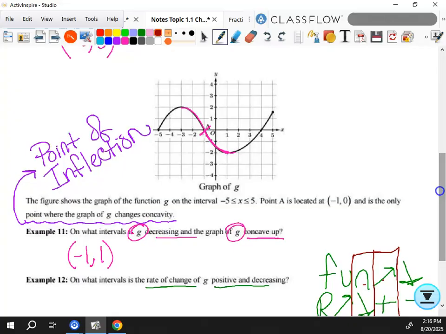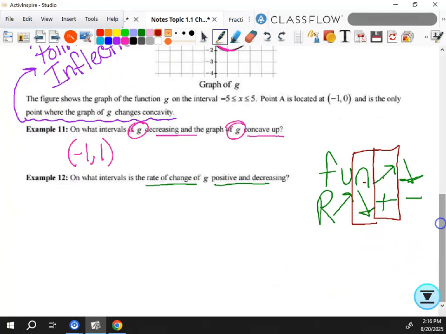So when I look up here, here's where the function is concave down and increasing, that part right there. Okay, it really helps to draw on your stuff there. So this goes from -5 to -3. Okay.